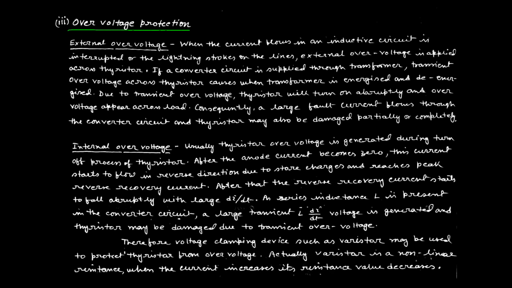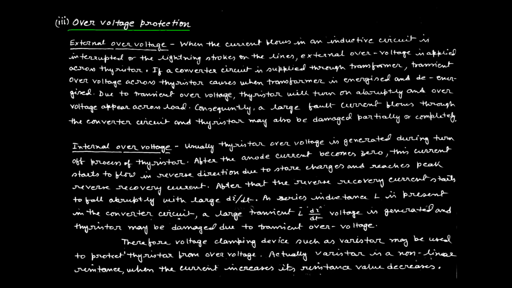And in case of internal overvoltage, usually thyristor overvoltage is generated during the turn-off process of the thyristor. After the anode current becomes zero, the current starts to flow in the reverse direction due to stored charges and reaches the peak inverse recovery current.